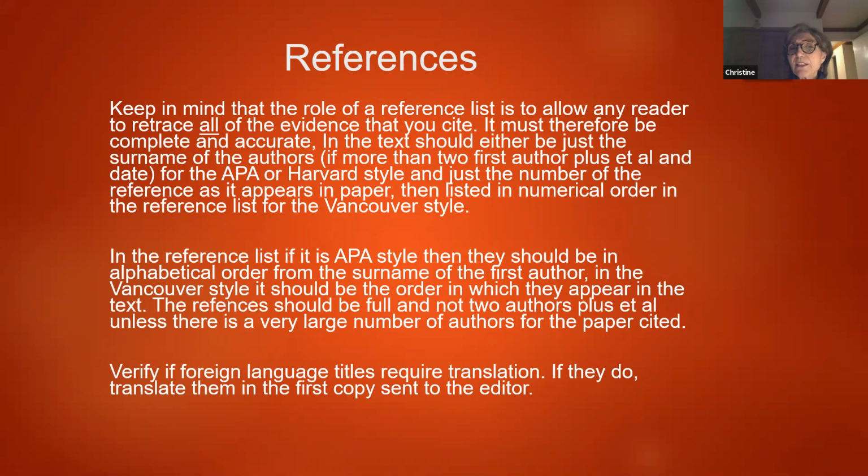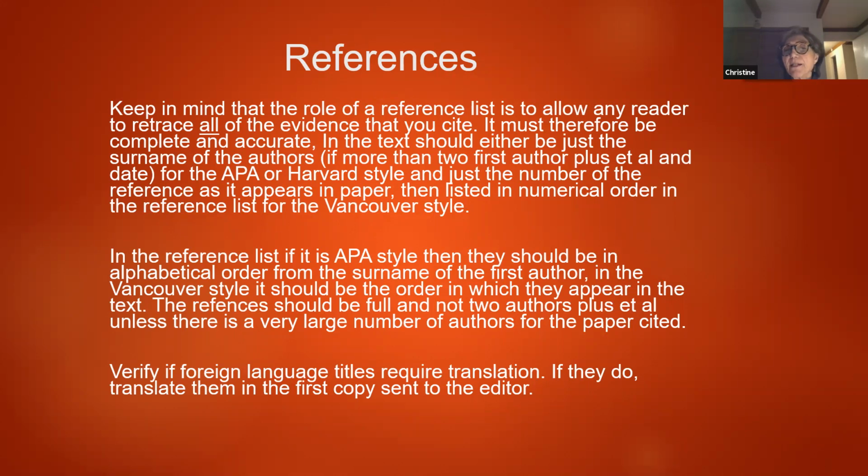There are all different types of reference styles, so just follow the one that's with your journal. References in APA are in alphabetical order, from the surname of the first author, and they should be full, and not "two authors plus others," unless there's a very large number of authors for the paper cited.